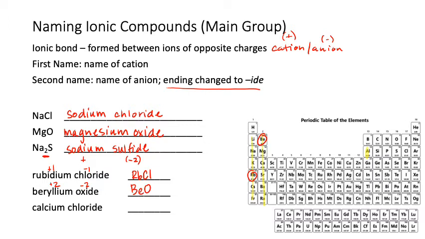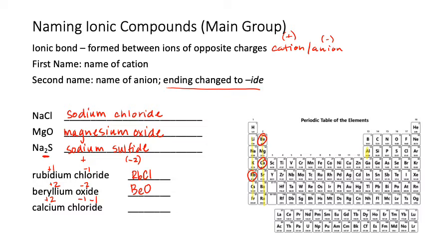Now in terms of calcium chloride, let's take a look at that. Calcium, again, is in group 2, so it's going to favor the +2 cation. And chloride is going to be a -1 anion. A +2 and a -1 don't offset. So in order to have this offset, we need to add another chloride.